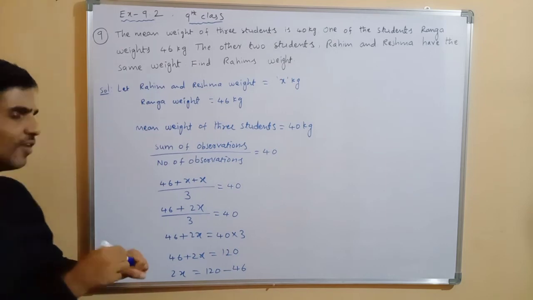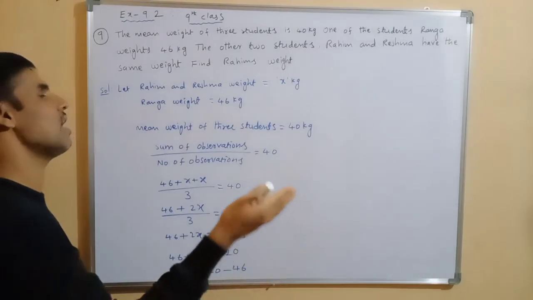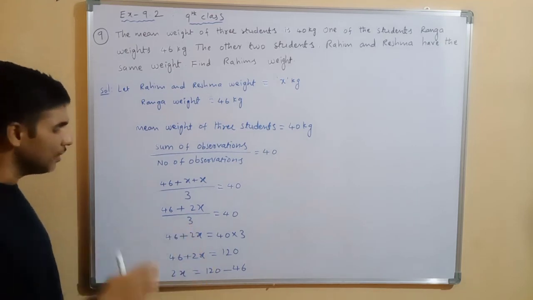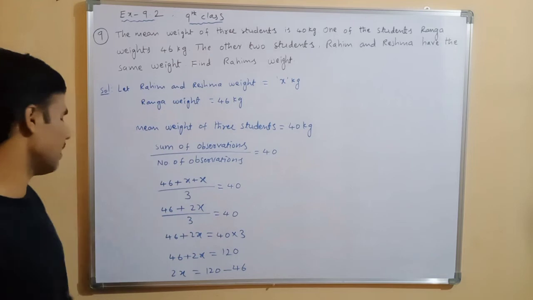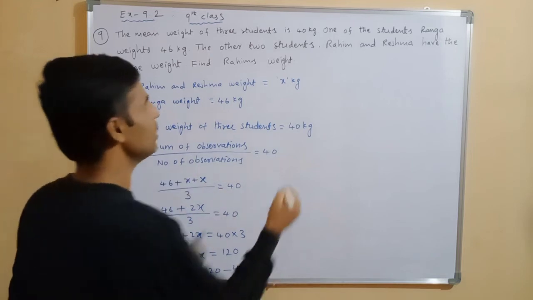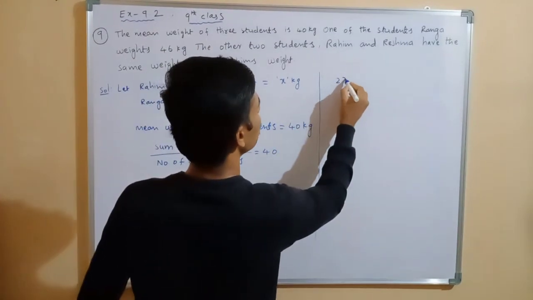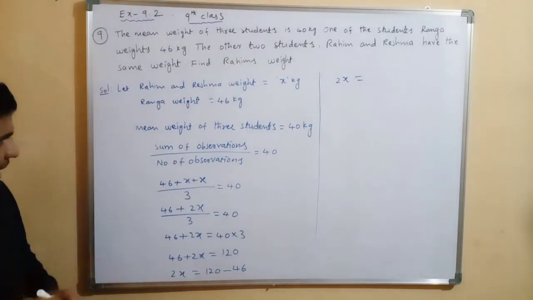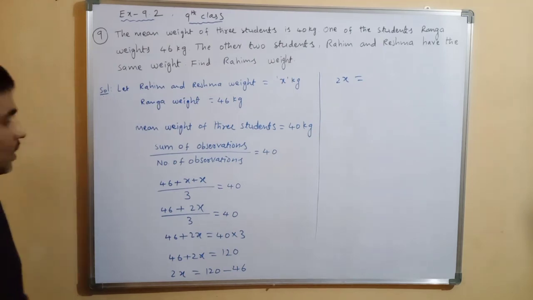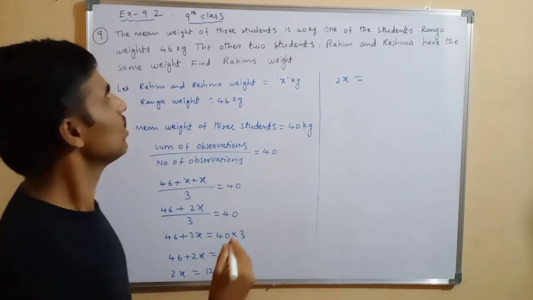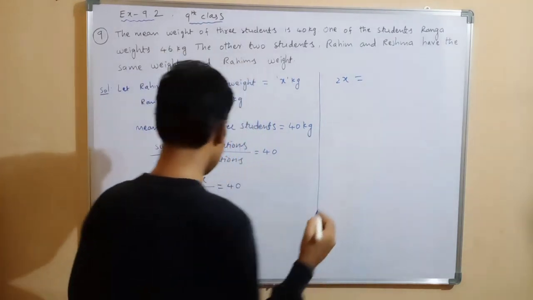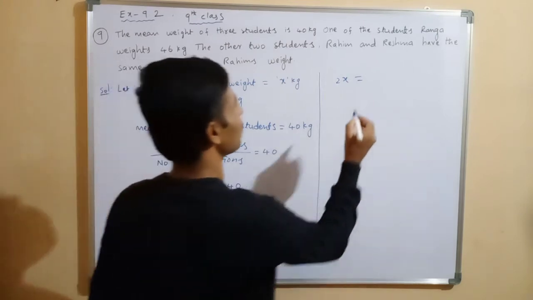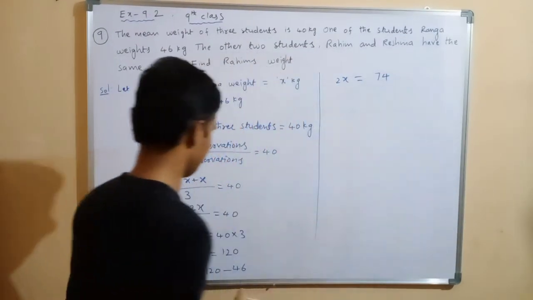Simply remember, when we transpose from LHS to RHS or RHS to LHS, plus becomes minus, minus becomes plus, into becomes division, division becomes into. So 2x equals 120 minus 46. 120 minus 46 is 74.